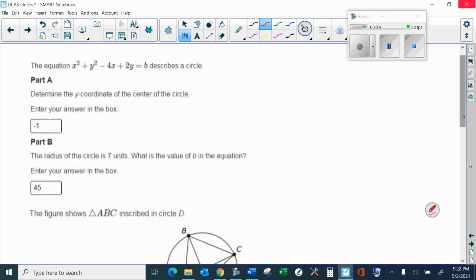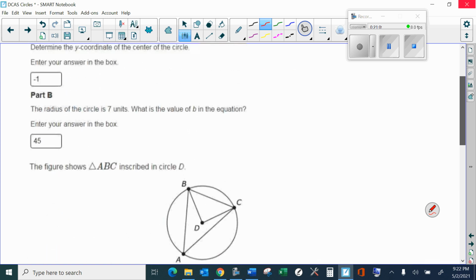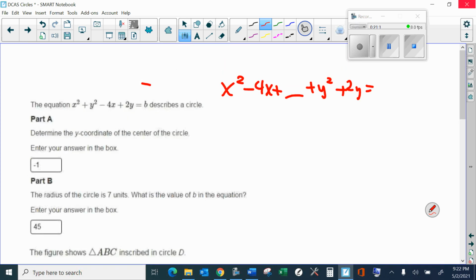All right. Here's another type that's commonly missed because they're not used to seeing a b there. Determine the y coordinate of the center. First off, we want to complete the square: x squared minus 4x plus blank plus y squared plus 2y plus blank equals b plus blank.